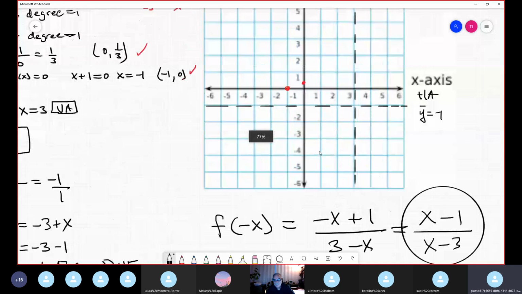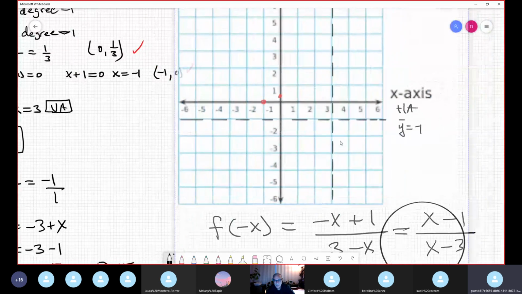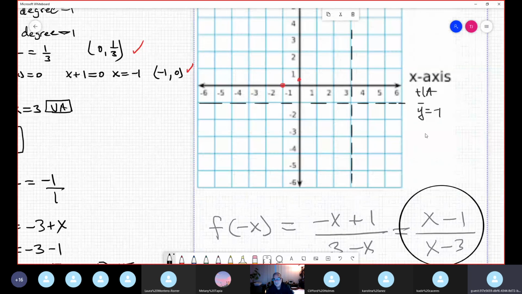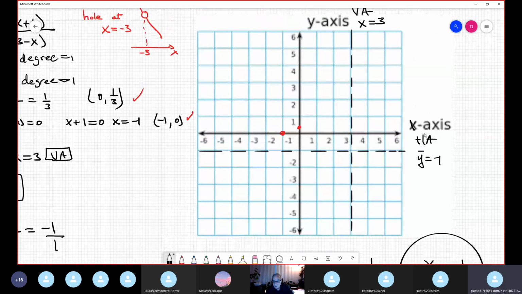And now, for example, at that moment, guys, you select an arbitrary point. What is the criteria to select an arbitrary point? For example, we have the partition in the x-axis. What is the partition in the x-axis? The partition in the x-axis is this vertical asymptote and this x-intercept.